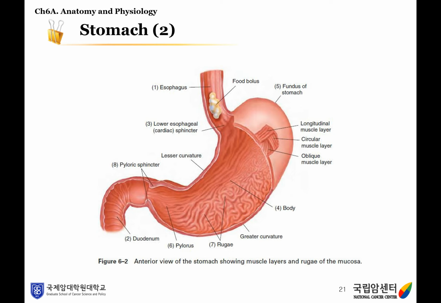Here you can see the anterior view of the stomach, showing muscle layers and rugae of the mucosa. Number 1, esophagus.